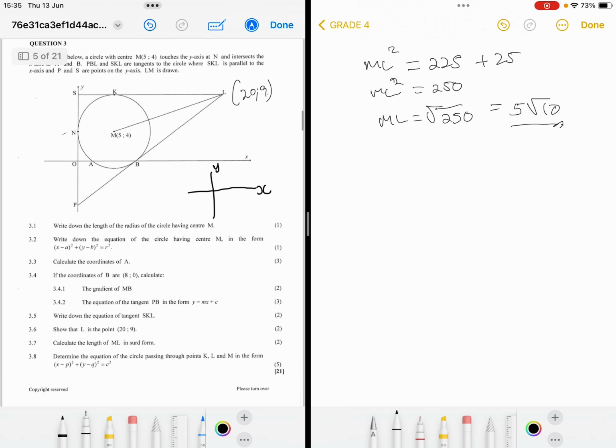Okay, now look, we have another circle which is passing through that K and passing through that M and L. Remember, you should not forget that this was a tangent, SKL. So we have a 90 degrees there. So now that circle is passing through K, and it's passing through M.